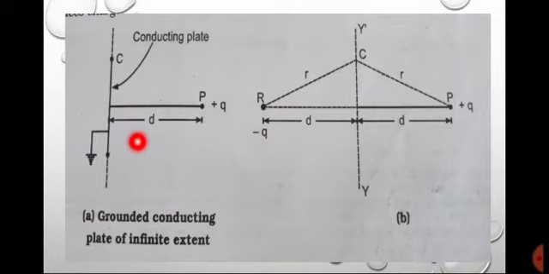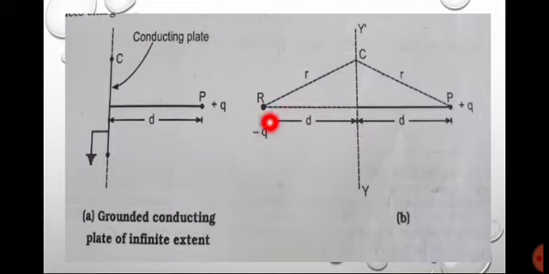In order to find potential and field at any point in the region on the right hand side of the plate, the actual induced charge must be taken into account. Let us imagine that minus q is placed at distance d behind the plane surface of the plate.